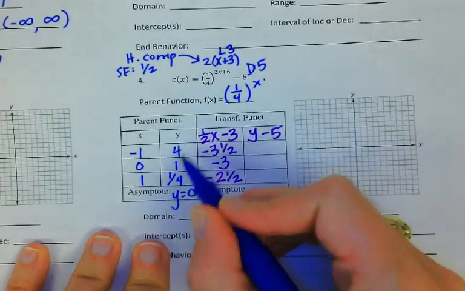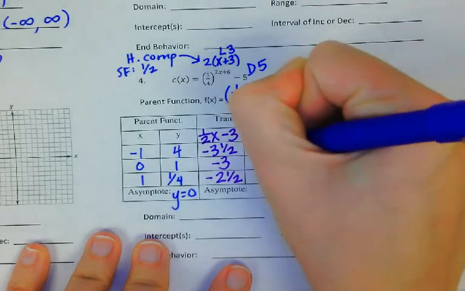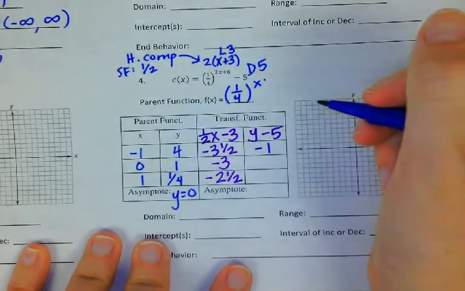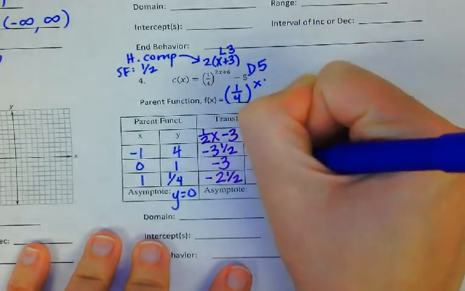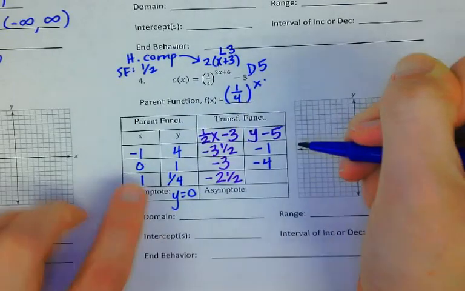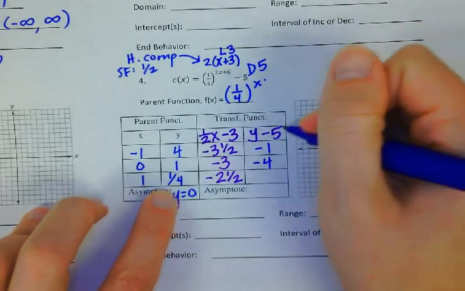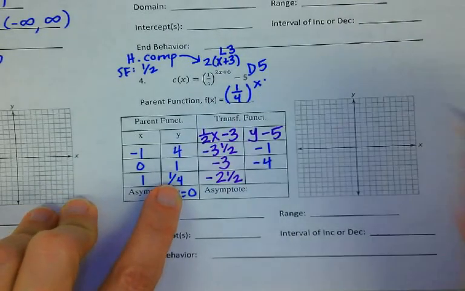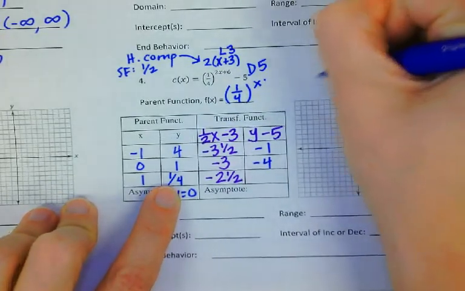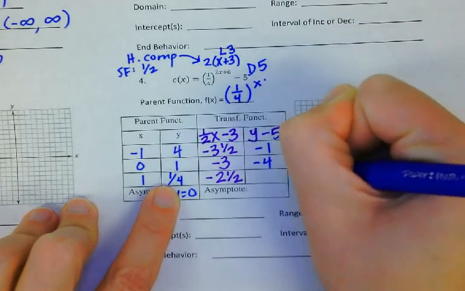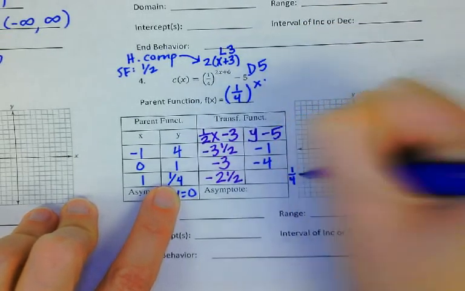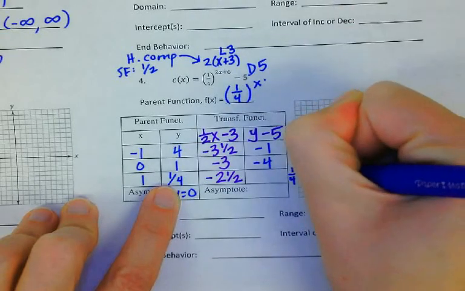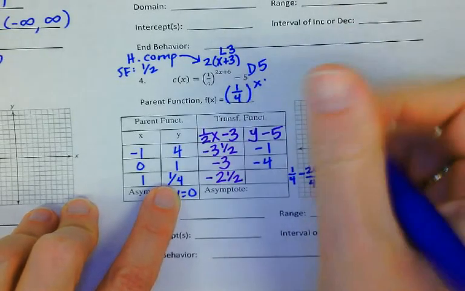Okay, let's subtract 5 from every y, so I'm going to get negative 1 and negative 4, and then 1/4 minus 5. You can do it however you'd like. 1/4, if you want to change it all into fourths, you could, right? It would be 1/4, but you'd have to change the 5 into fourths, minus 20/4.